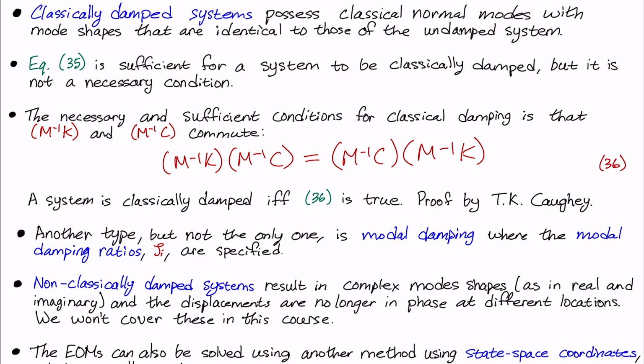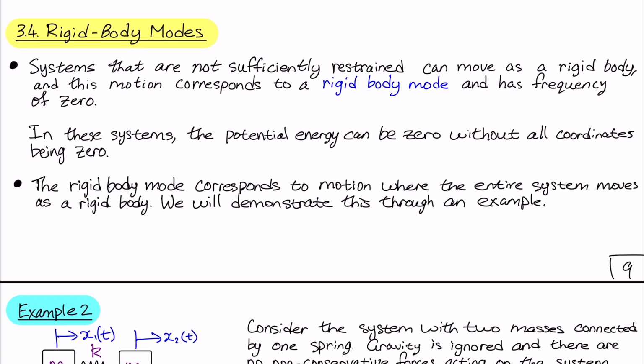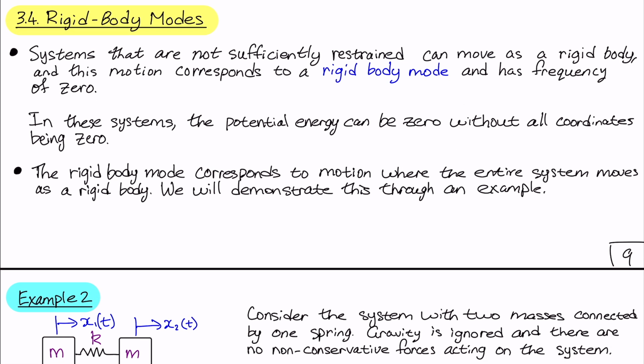Okay, in that case, we're going to go on and talk about rigid body modes. So systems that are not sufficiently restrained are going to be able to move as a rigid body. That means there will be no deformation or flexible motion between the degrees of freedom. And we call that a rigid body mode. Rigid body modes will always have a frequency of 0.